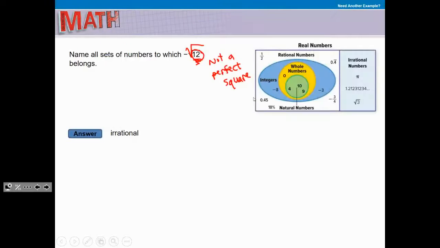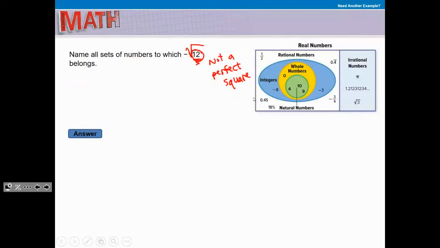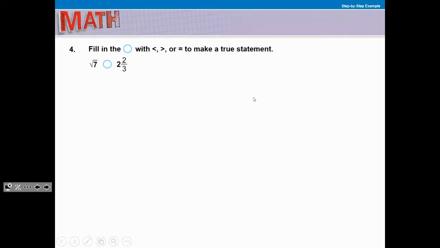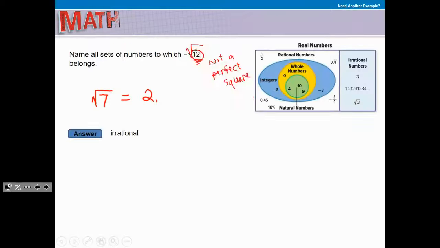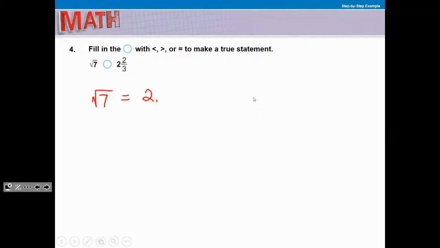Now I'm going to cheat and go back to this problem here. Negative 2.645. I like to write them vertically. 2 point, oh man, now I already forget it. 645, there we go. I like to write them vertically and line up the decimals.